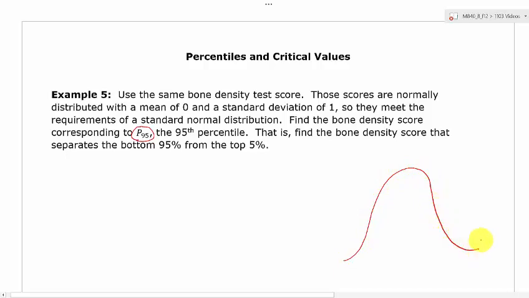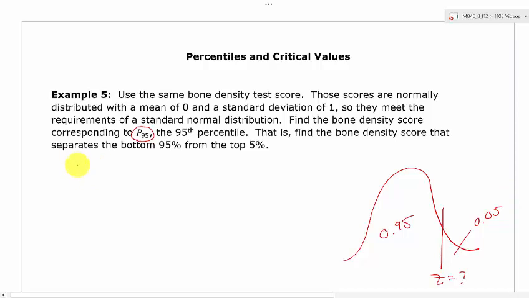So here is a sketch of a normal curve, and what we want to do is find this value z so that the area to the left is 0.95 or 95%, and the area to the right is 5% or 0.05.